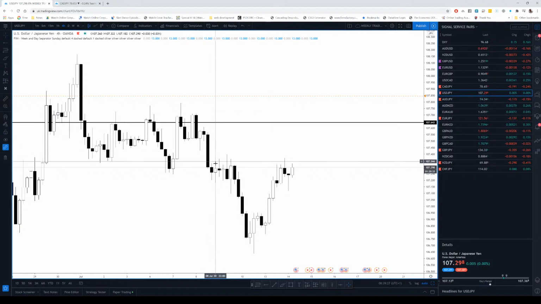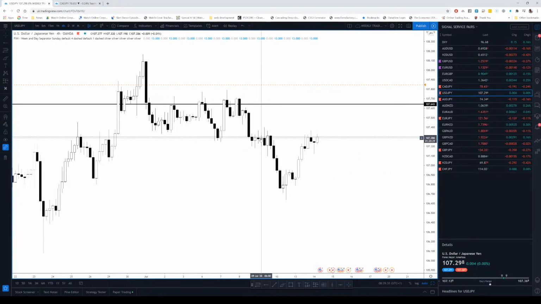I'm expecting price to come above this high, like I mentioned yesterday, and then I'll start looking for signs of rejection. Why? Because of what we are making on this time frame.